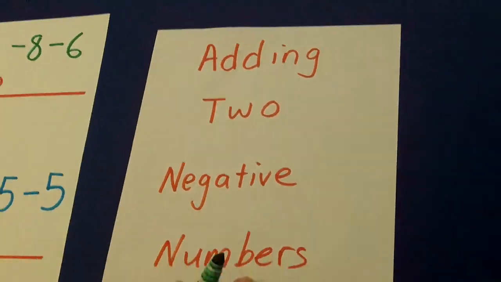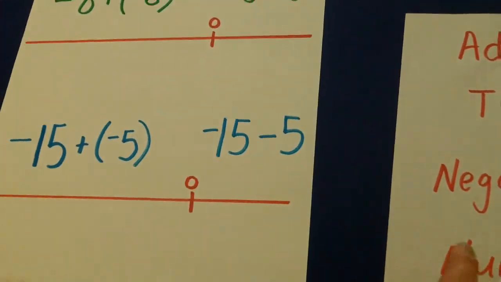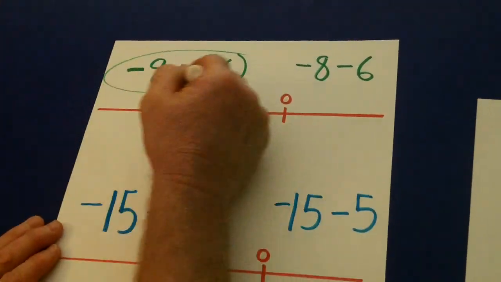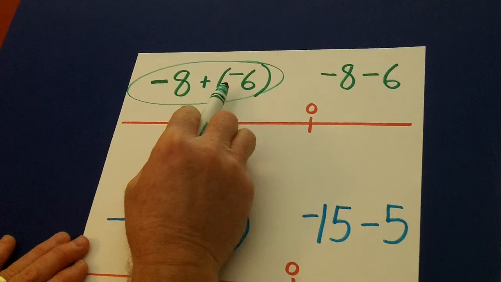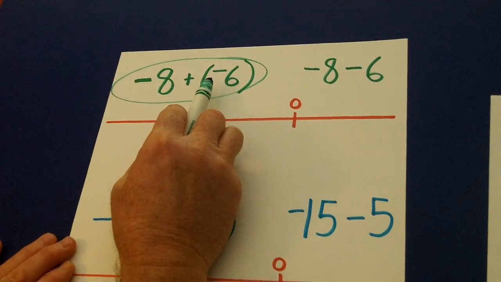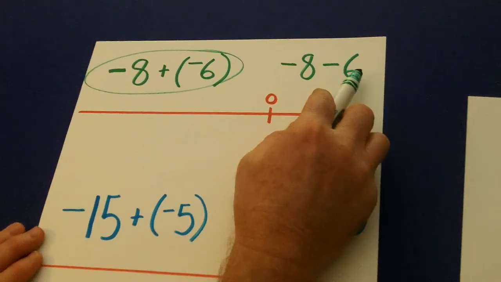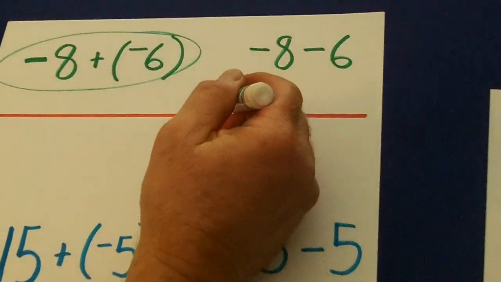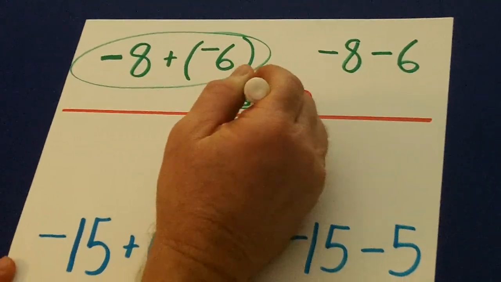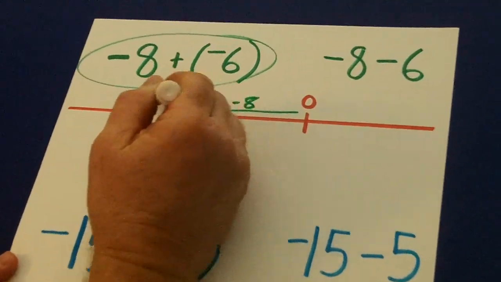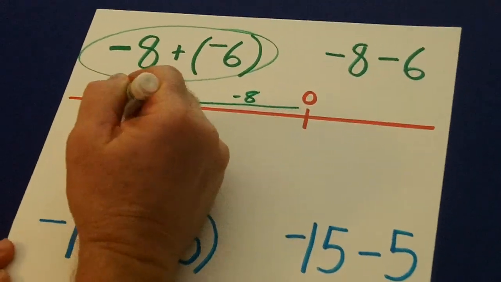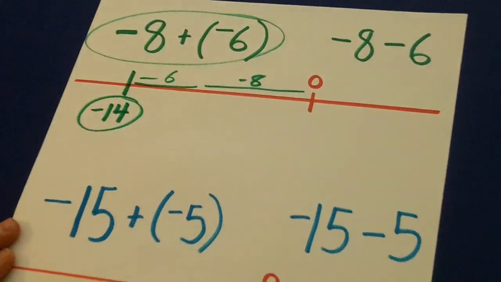Adding two negative numbers. Okay? Just remember, negative 8 plus a negative 6 is like negative 8, negative 6. And so you're going back 8, you're going back 6, and you get to a big negative 14.